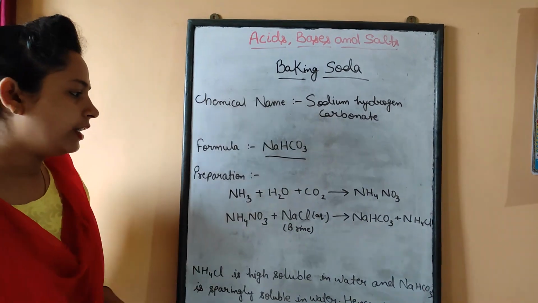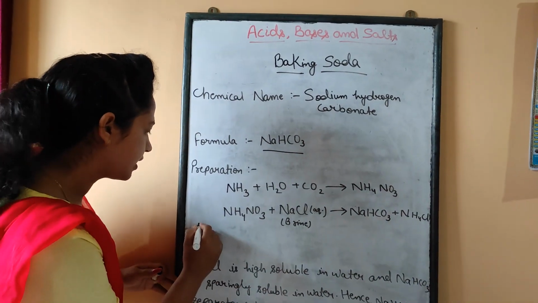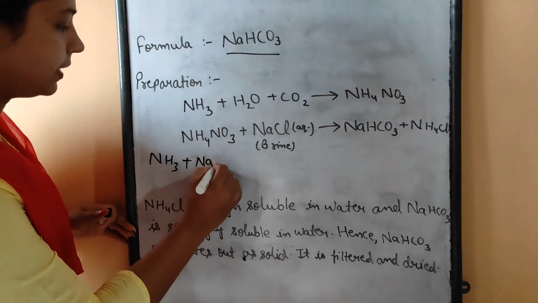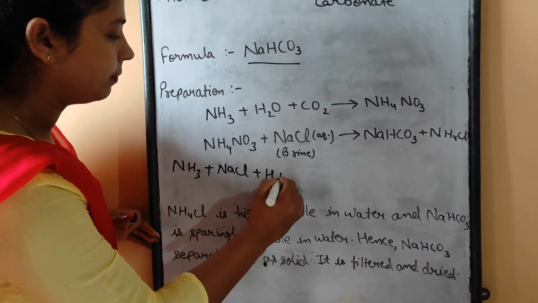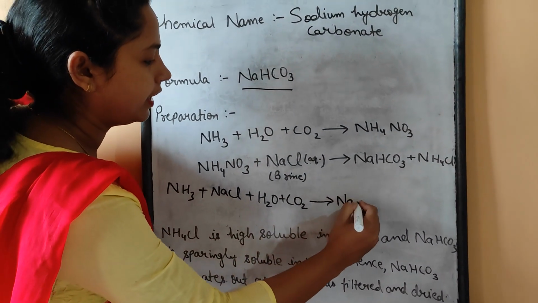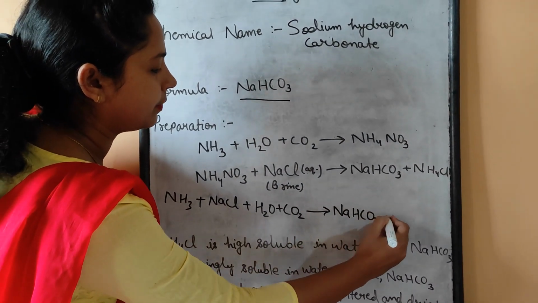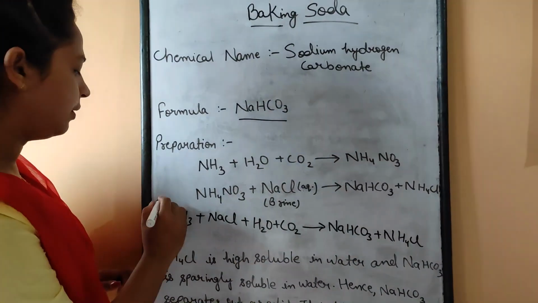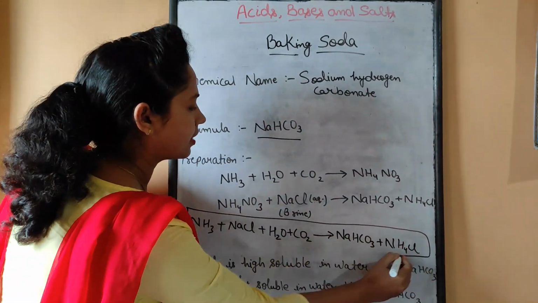You can also write this reaction as NH3 plus NaCl plus H2O plus CO2 gives NaHCO3 plus NH4Cl. In many side books, only this reaction is given.